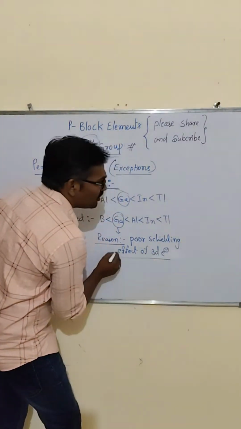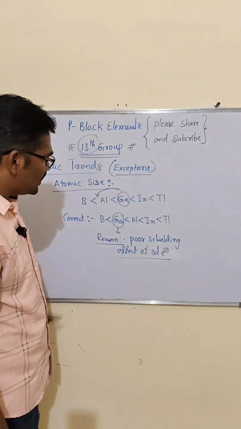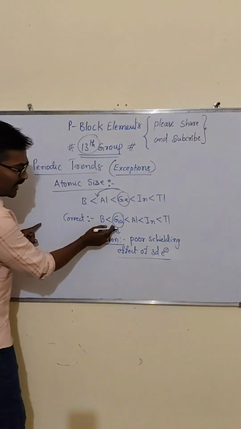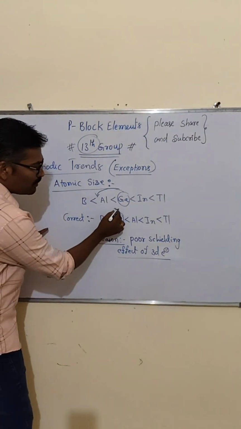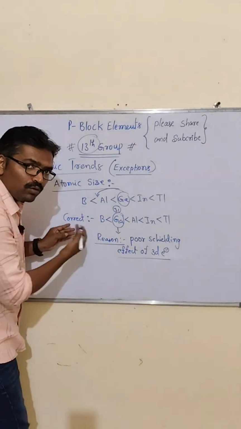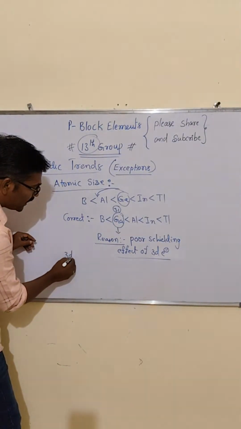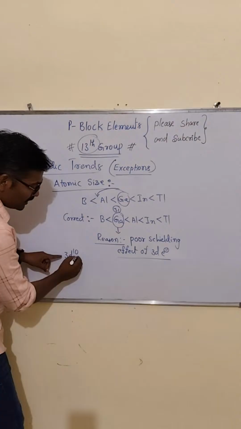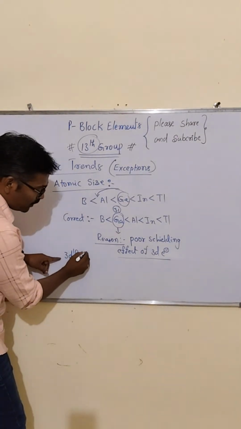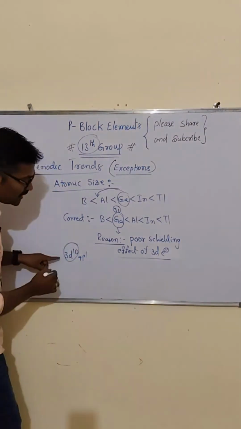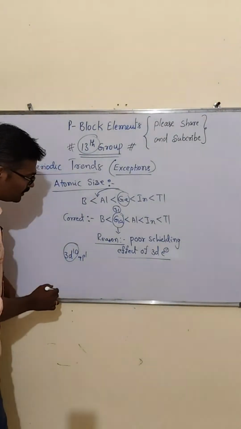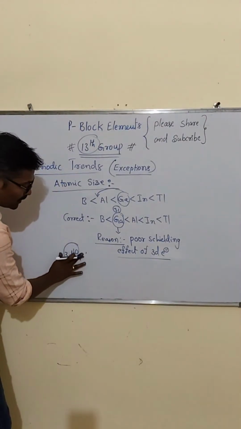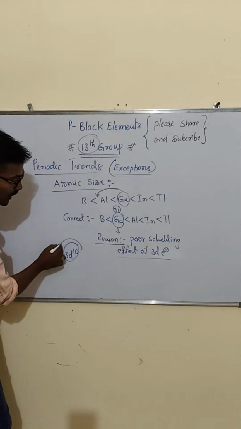What does it mean here? Sir, here it is gallium. The atomic number is 31, right? Before that there is 3d10, then the 4p1 electronic configuration. 3d10 is there. What happens? Ten electrons are filled in only one shell.